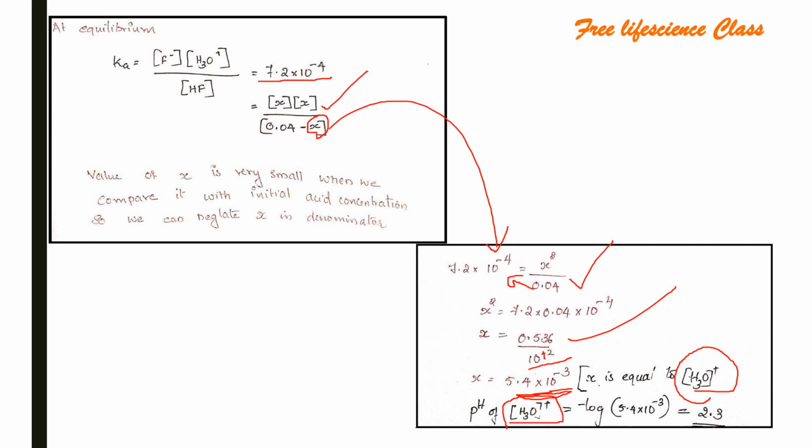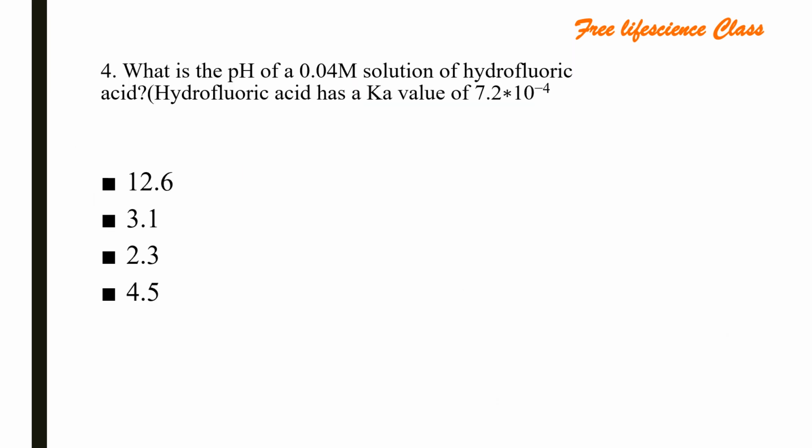So you will get 2.3. So your answer is 2.3. Okay. So the pH of 0.04 molar solution of hydrofluoric acid is 2.3. So this is all about this question.